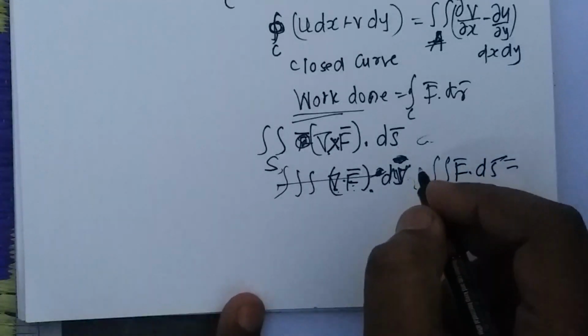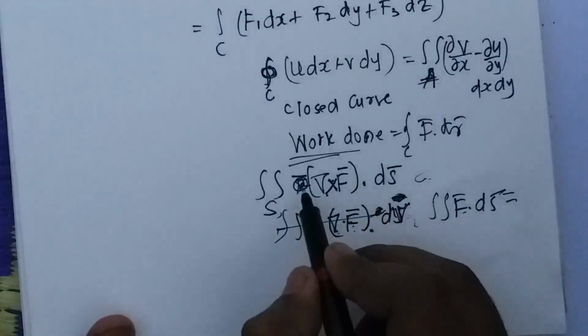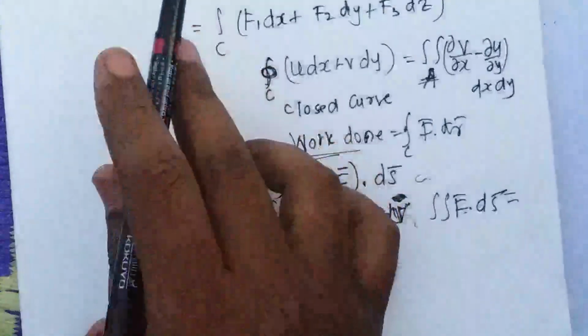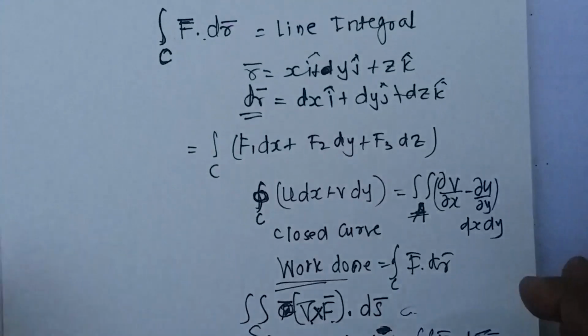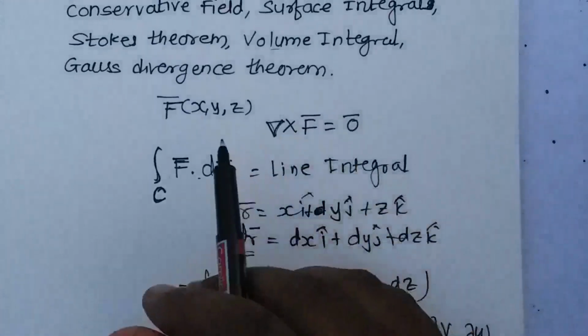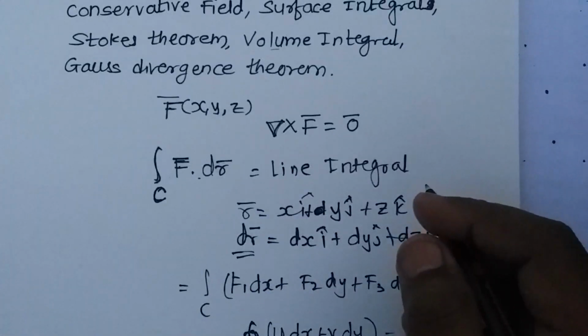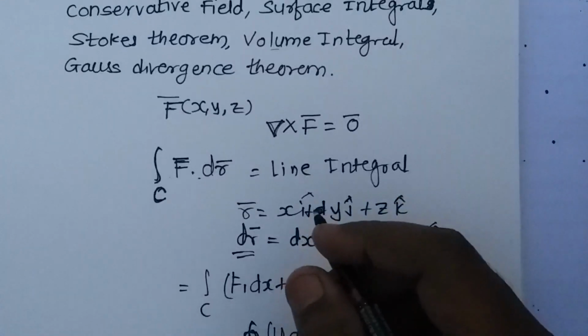If you see all the integrations, in every integration the vector point function F bar has appeared. It means we are going to deal with the integration of vector point functions. That's why the name of the topic is vector integration. So this is just an introduction or brief idea about the topic.